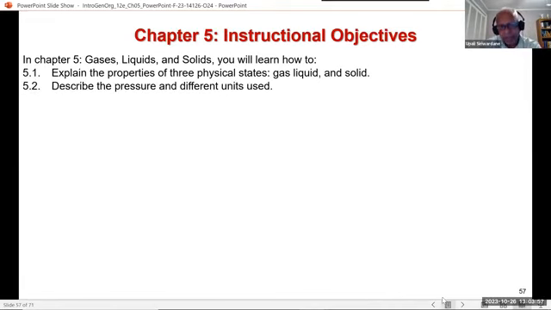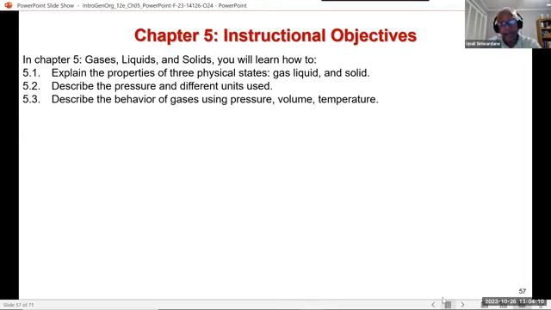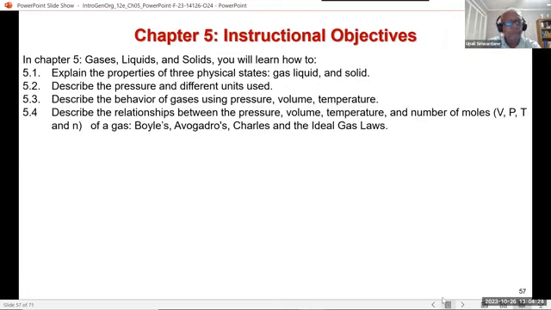Then we went on to describing gases first. First, we talked about how the pressure is measured for gases. Then we described the behavior of gases using changes in pressure, volume, temperature, and amount of substance measured as moles.